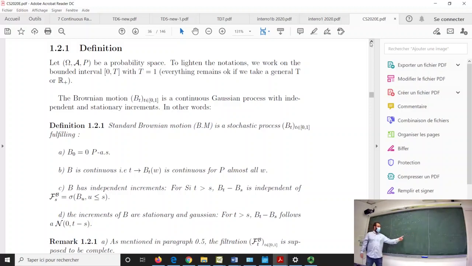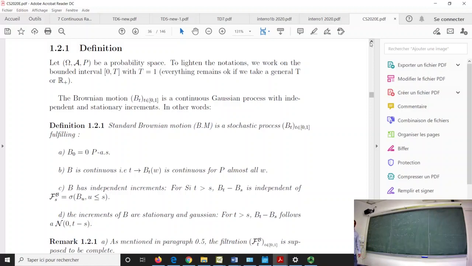So I have something that is centered, and when I consider an increment on an interval, the variance of the related Gaussian is none other than the length of the interval. It means that the distribution of B2 minus B1 is the same as the distribution of B3 minus B2. The only thing that is important is that you know the length of the interval over which you take the increment.